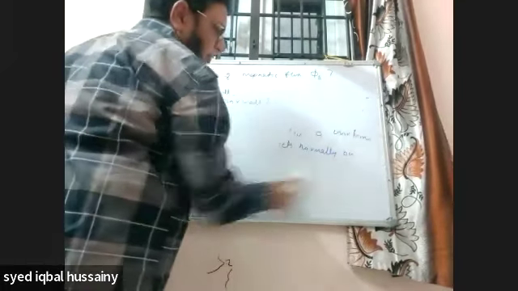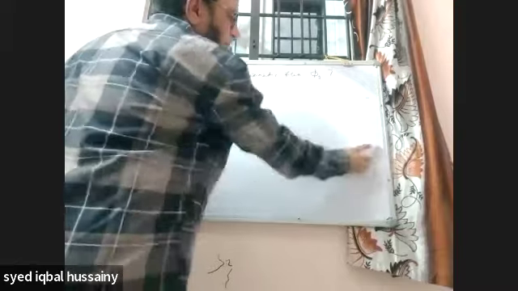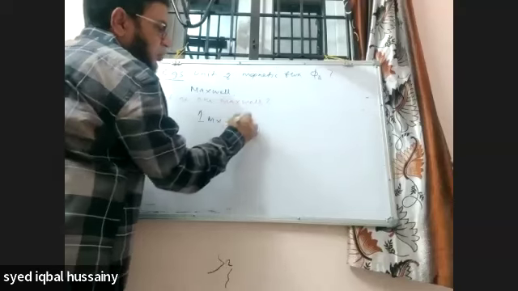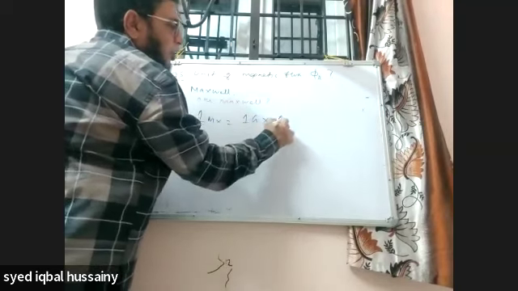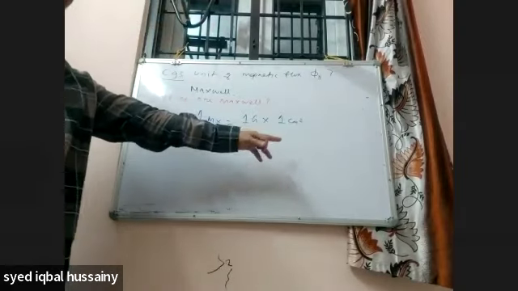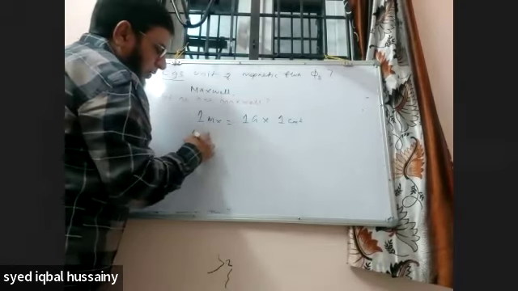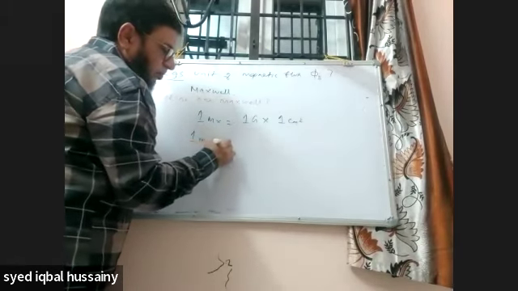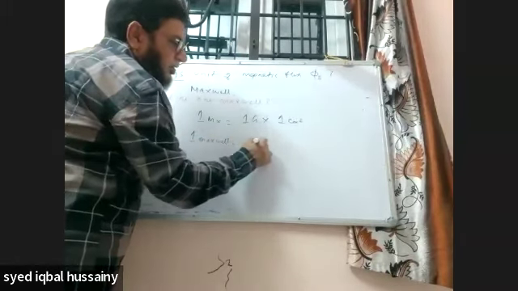Write the short form of 1 Maxwell. 1 Maxwell is equal to 1 Gauss into 1 centimeter square area. 1 Gauss acts in 1 centimeter square area. So 1 Maxwell is equal to 1 Gauss.